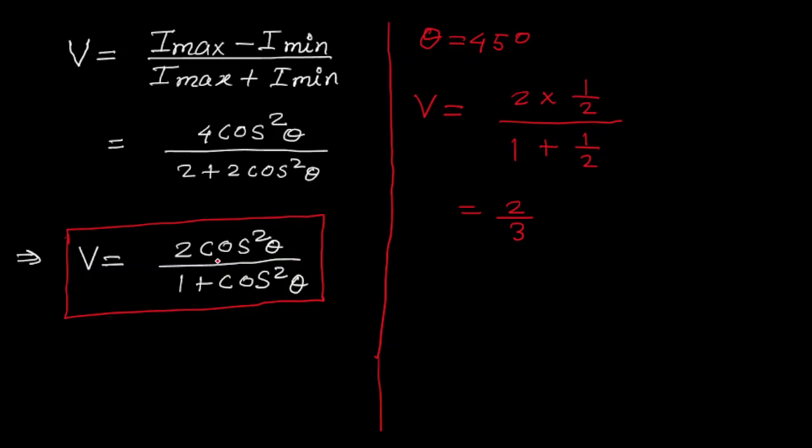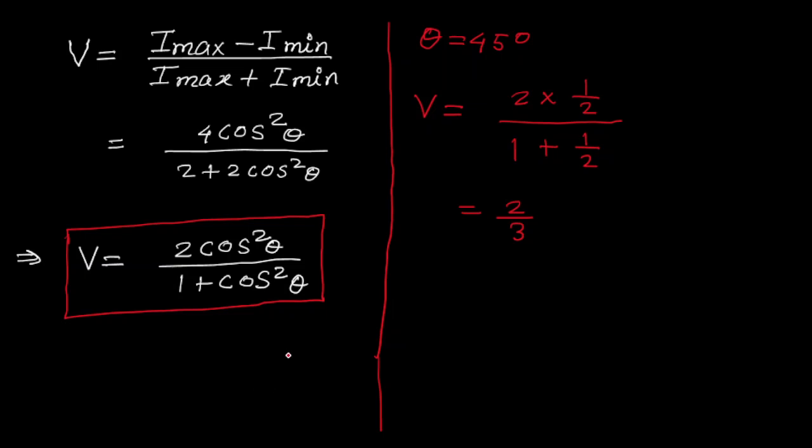In that case V will be maximum, and that's why we say for an interference pattern with maximum visibility, the state of polarization of both incident waves must be the same.